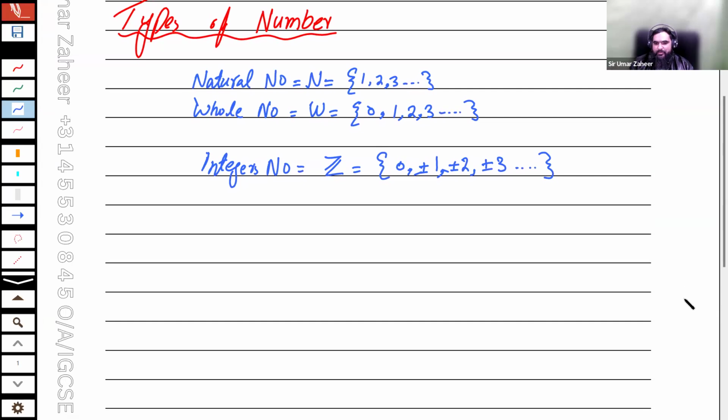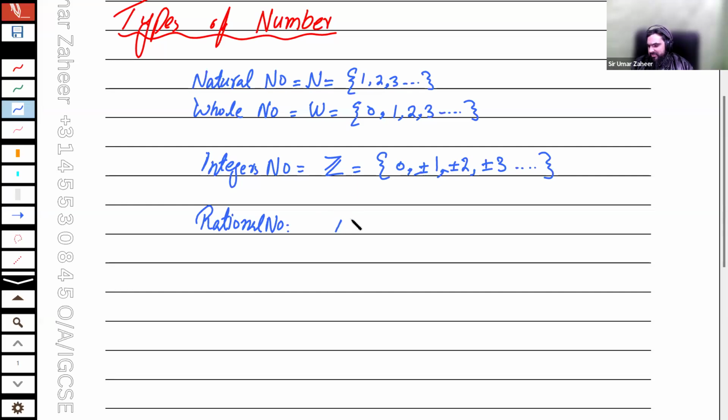But if you are writing the rational numbers, obviously we cannot write the rational numbers in set form like this. So you can define it.